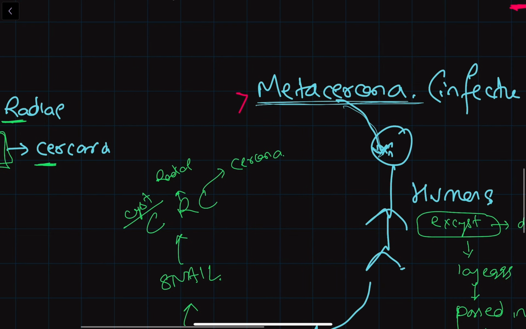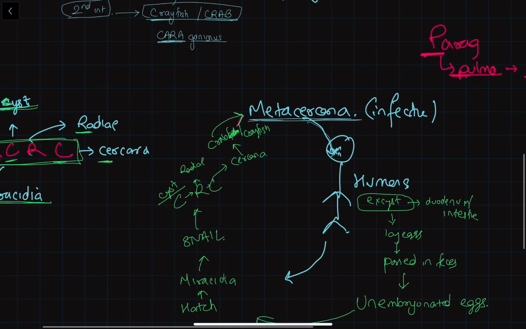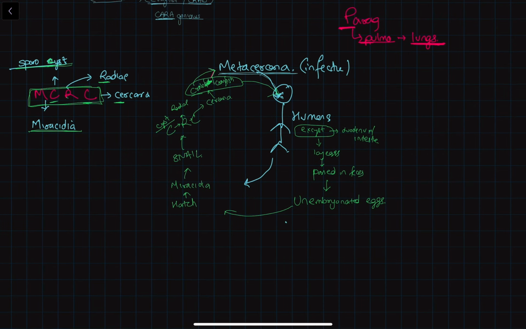Now these cercaria go into the crab or crayfish, and there they convert into metacercaria. After ingestion of the crab or crayfish, humans get the metacercaria. So this is the human life cycle.